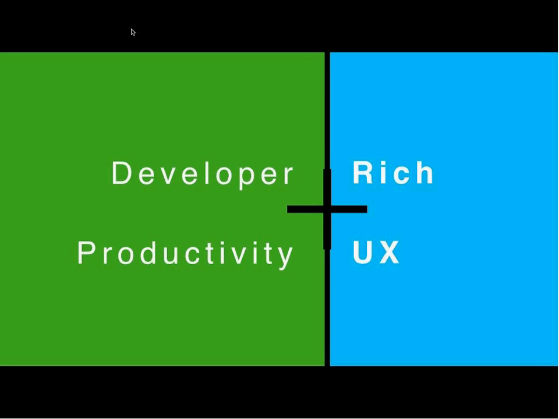So this gives us two key values that the framework provides. One of those is developer productivity. With very little code, you can create very impressive UIs. And on the other hand, the framework allows you to create UIs that have a rich user experience, UX.